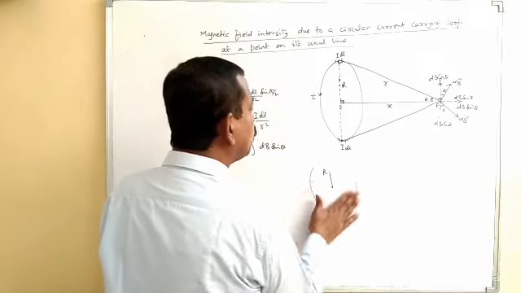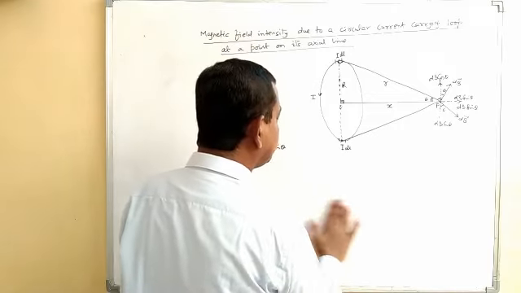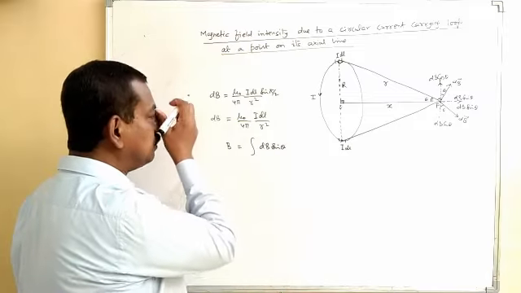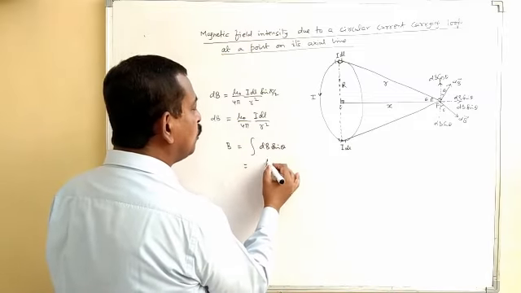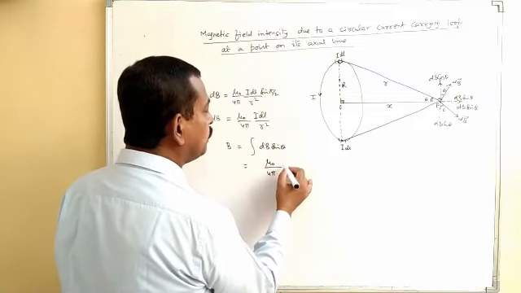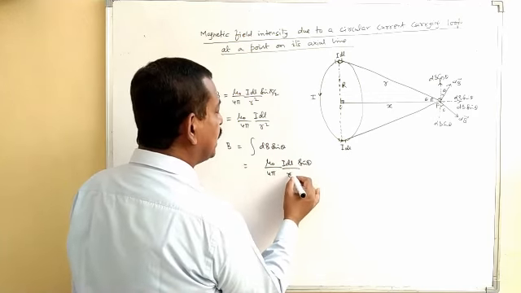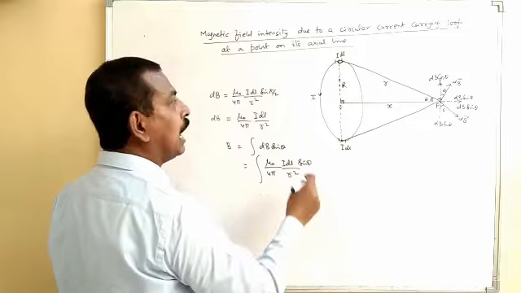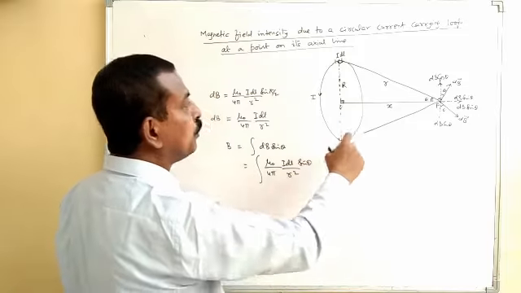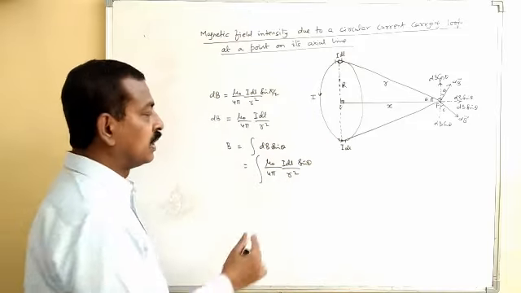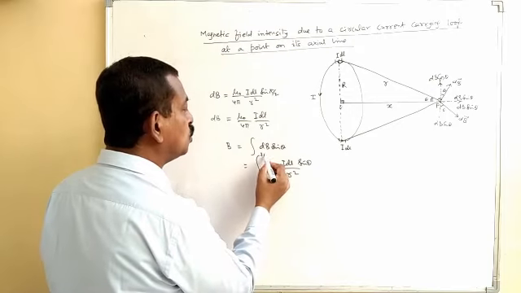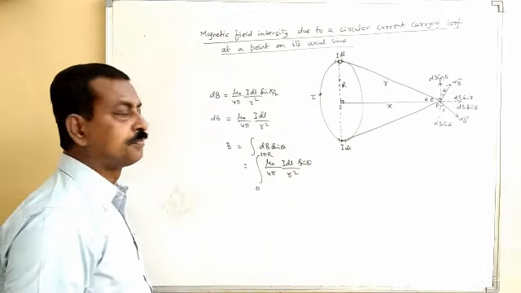So here, if you consider, this is your dB sine theta integral, and now if I put mu naught by 4 pi I dl sine theta by r square integral, how will you integrate it for the entire length? So this integration will be 0 to 2 pi r.